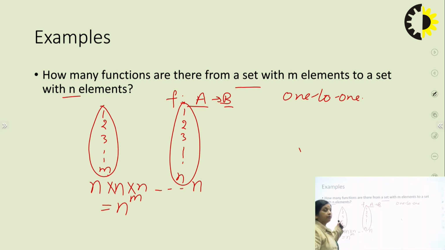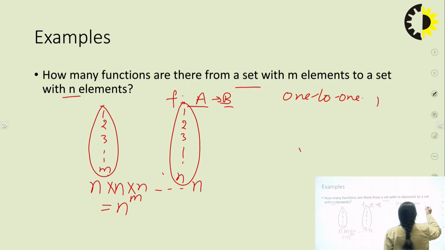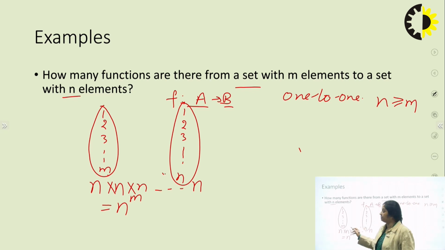If n is less than m, then some element will not have any image. So the first condition to be one-to-one is that n should be greater than or equal to m. If n is less than m, we cannot define such a function.